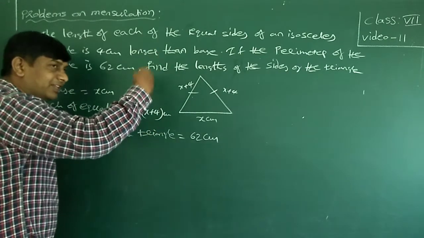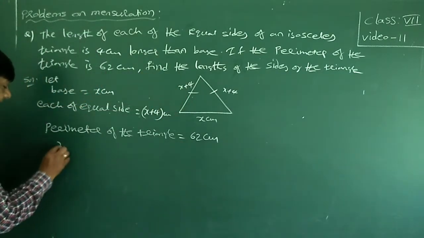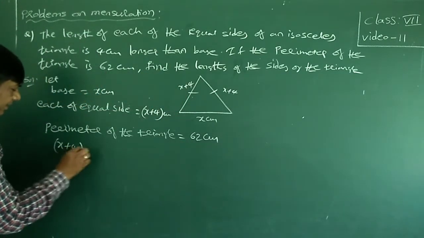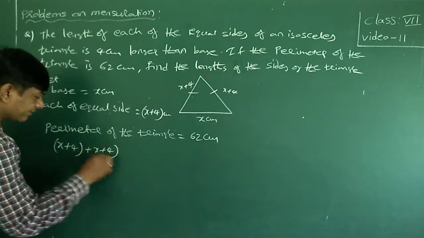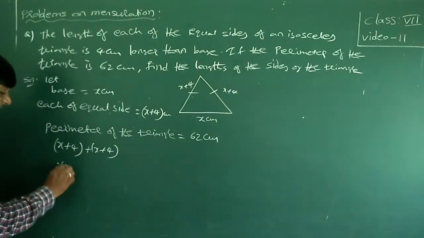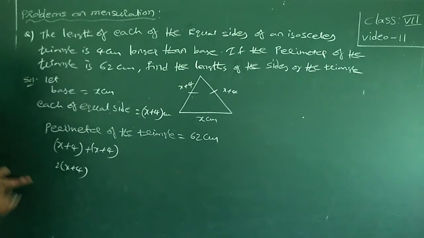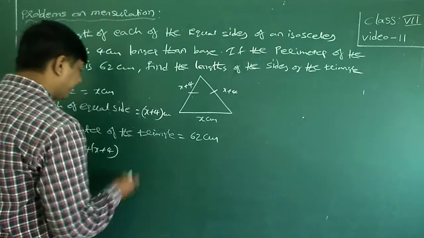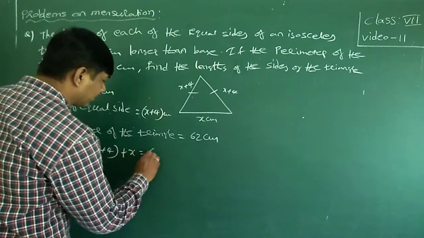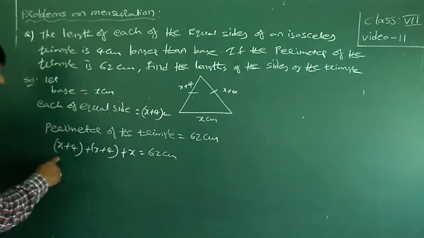Sum of the three sides means x plus 4 plus x plus 4, or instead you can write 2 into x plus 4, because two sides are equal, plus x is equal to 62 centimeters.